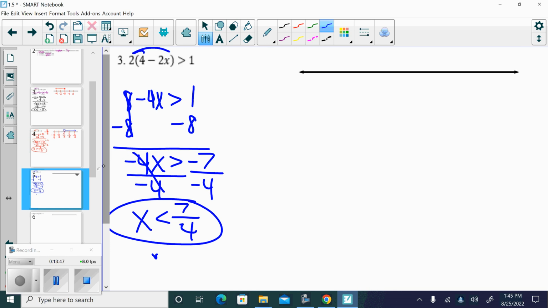All right, so now we need to graph it. So draw your number line. So 7 over 4 will go in the middle. What's going to be to the left of 7 over 4?